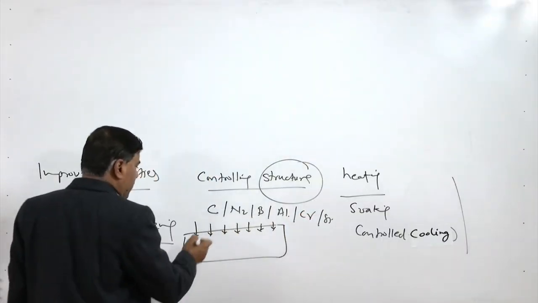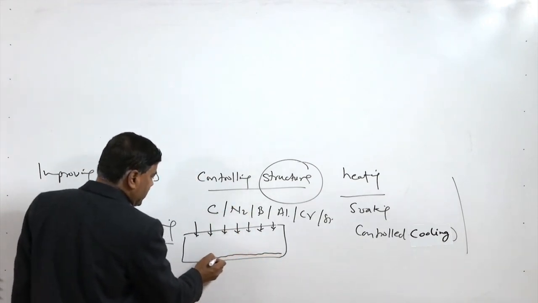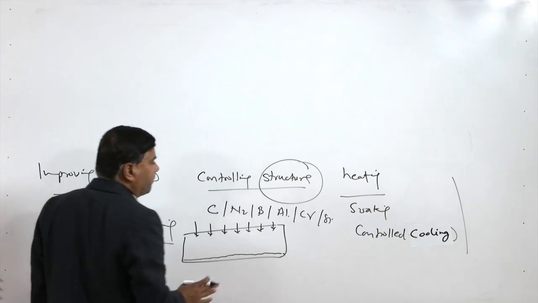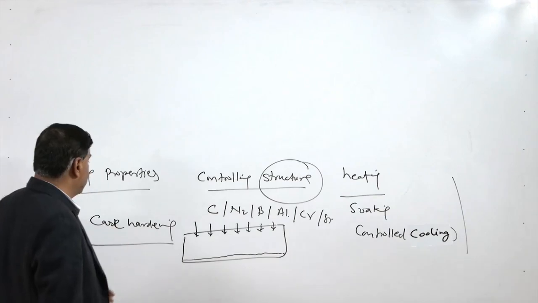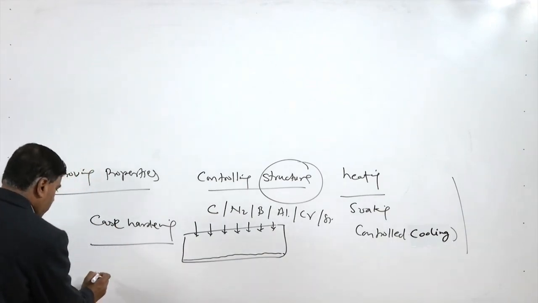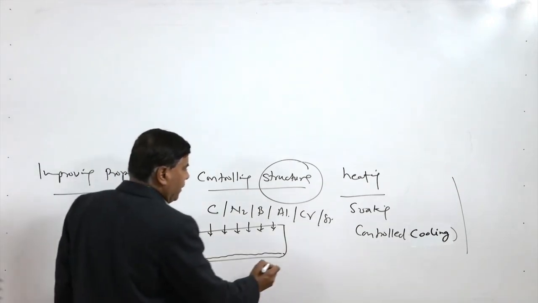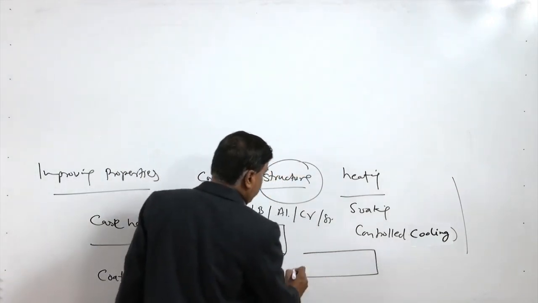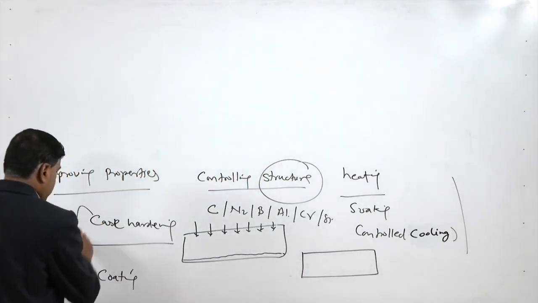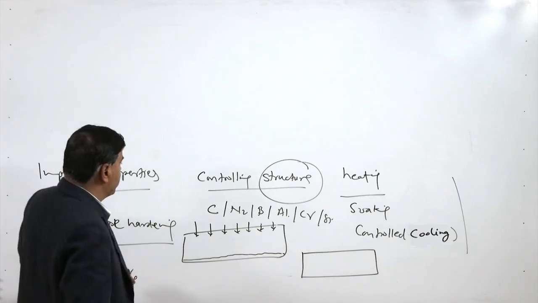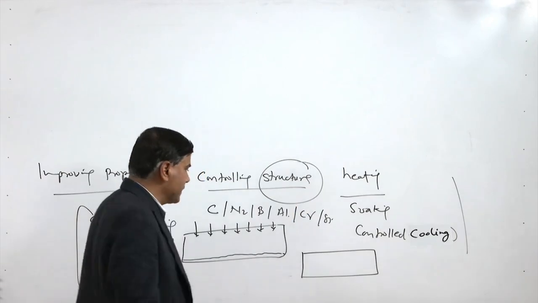All these elements can be introduced near the surface layers, so that the properties near the surface layers get modified. So, in this case the chemistry is modified besides changing the structure. And the third approach is development of the coating. So, these are the two categories where only surface properties are improved, while in case of heat treatment, the bulk material properties are improved.